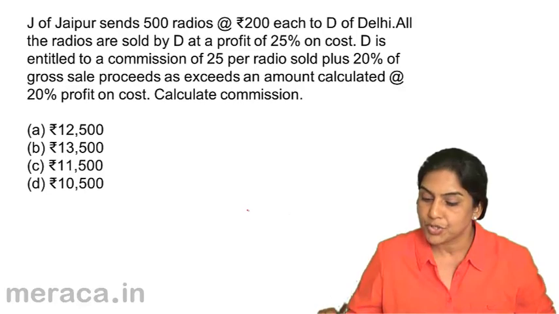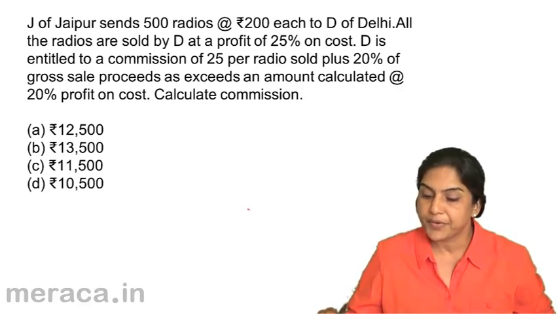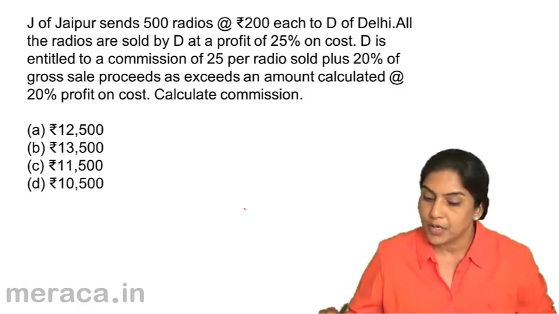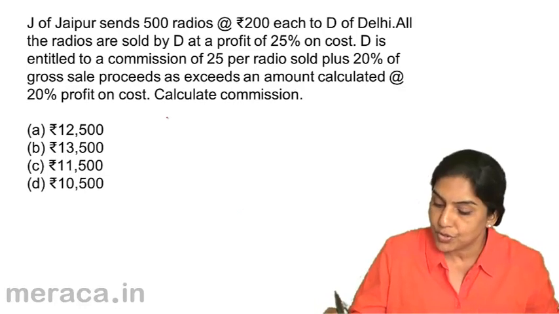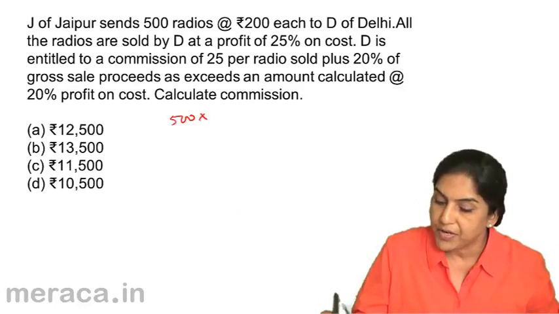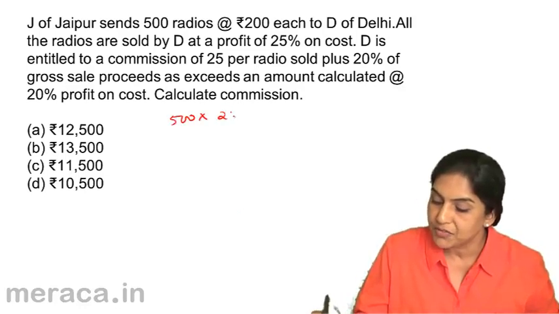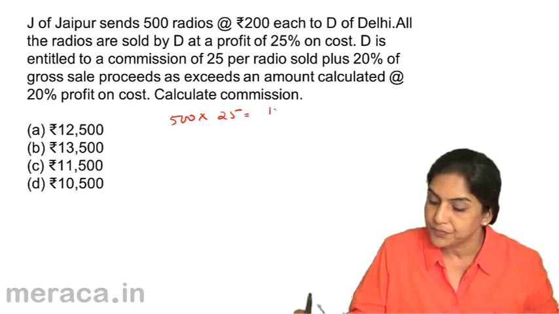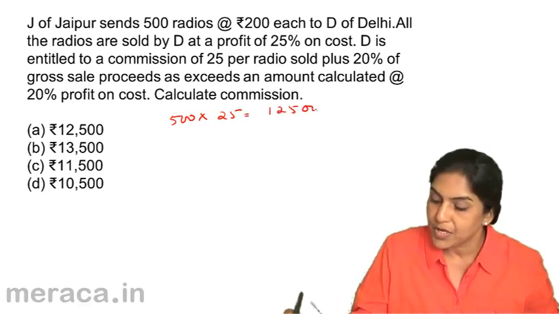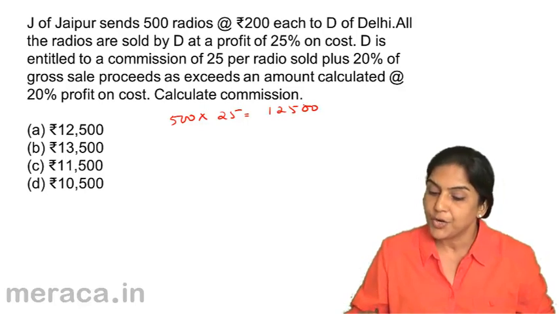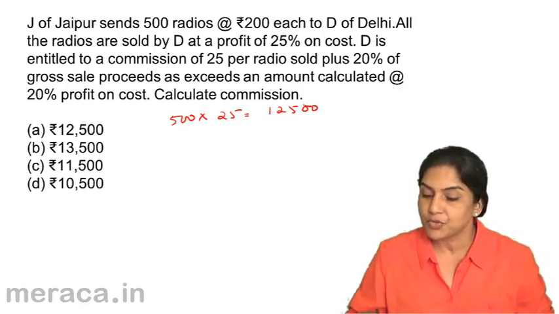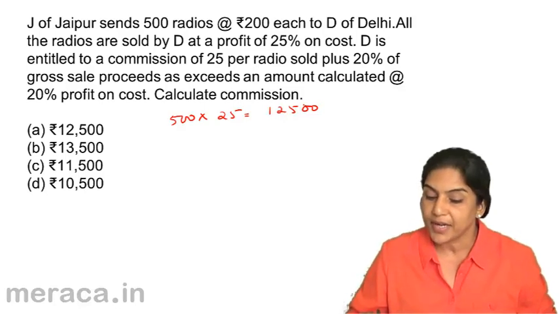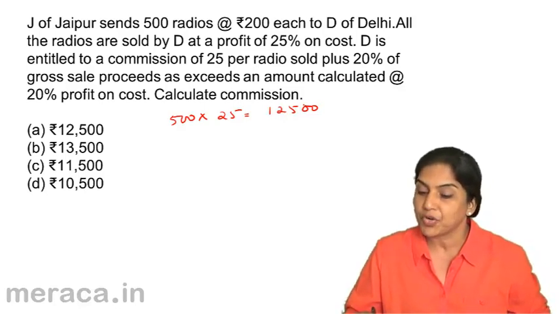So what is commission? 25 per radio sold. All the radios are sold, so commission is 500 into 25 per radio, 12,500 plus 20% of the gross sale proceeds as exceeds an amount calculated at the rate of 20% profit on cost.